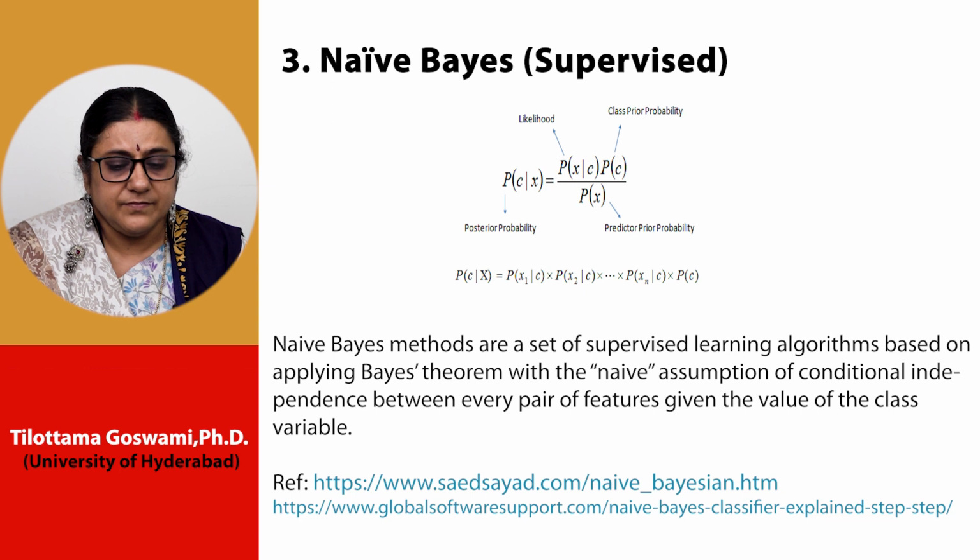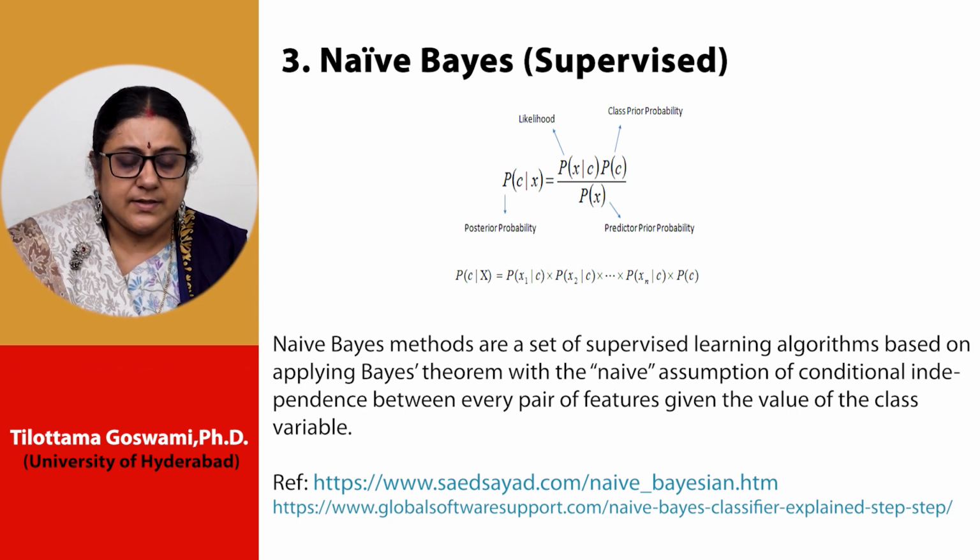So if the total number of input features is 3, it is assumed that there is no dependence between these features. They are independent of each other. This is the formula for the Bayes theorem, where we can compute the posterior probability taking as input the likelihood, class prior probability and the predictor prior probability.